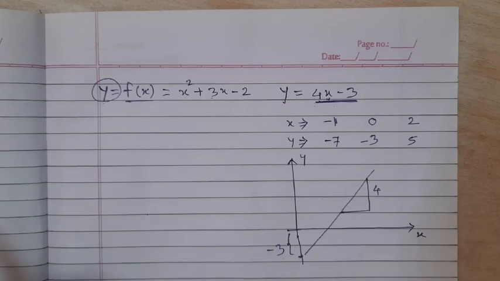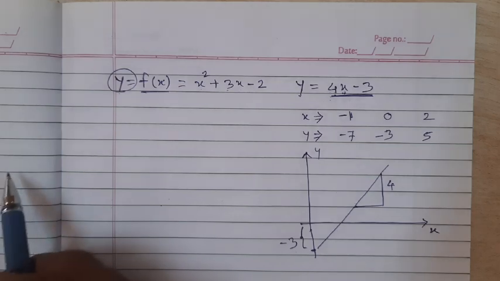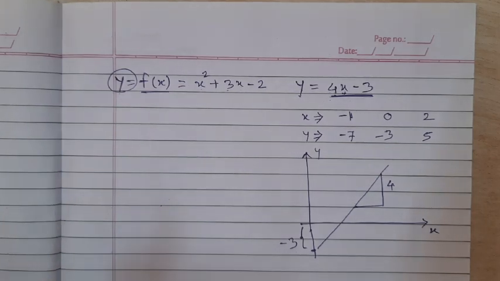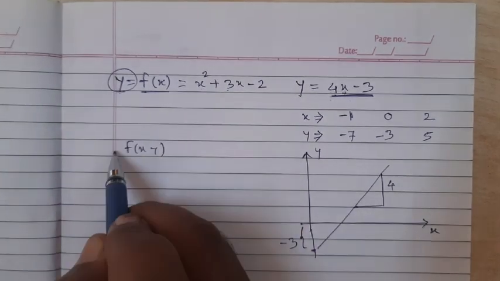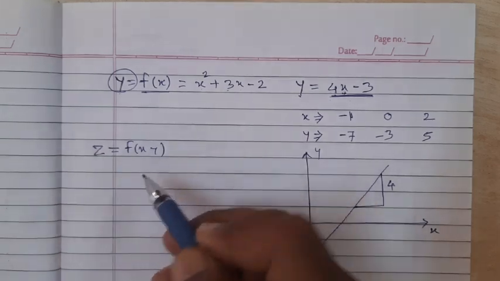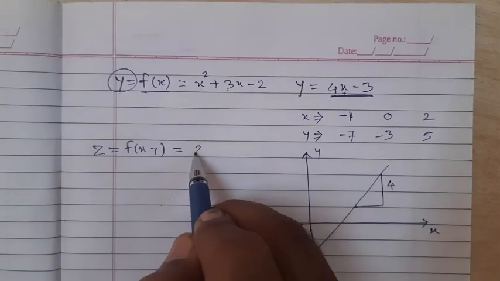Now suppose a particular variable or particular physical quantity depends on both x and y. For example, suppose it is the function of x and y. I can say that z is equal to a function of x and y. I will write a very simple function.